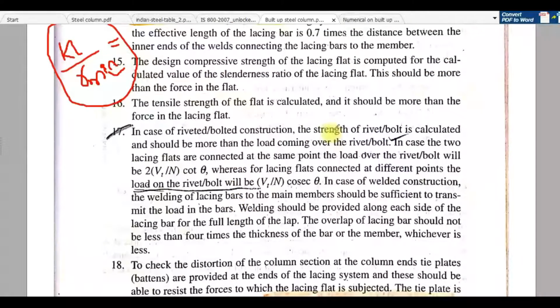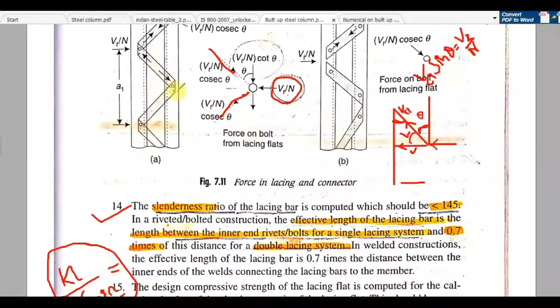So here the design of the lacing bar is completed, but the numerical is not completed, because you also have to design the bolt connection or rivet connection, because you have to connect this lacing with the channel by a bolt or by a rivet.